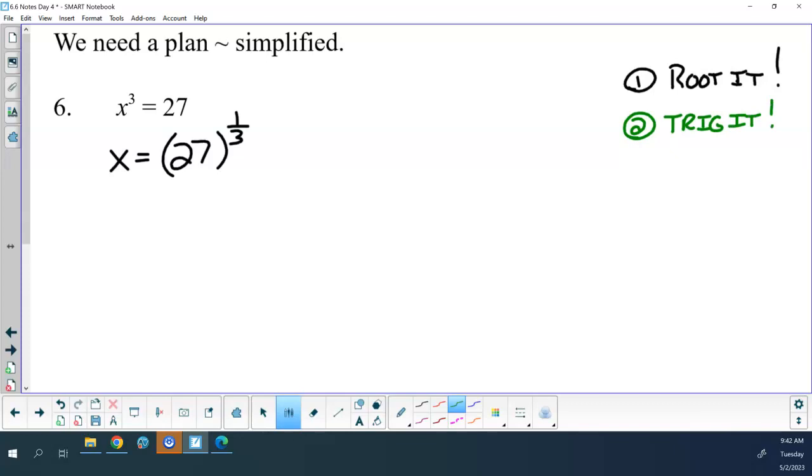So I need to turn 27 into the trig form of a complex number. So that's going to be 27 cosine i sine of what degree? Let me back up a step.